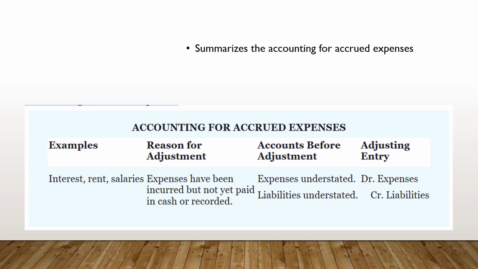And then why we want to adjust them: because expenses have been incurred but not yet paid in cash or recorded. And then for the accounts before adjustments, expense and liability would be understated. And then when we do adjusting entries, what we do is we debit expense, and then we credit liability.